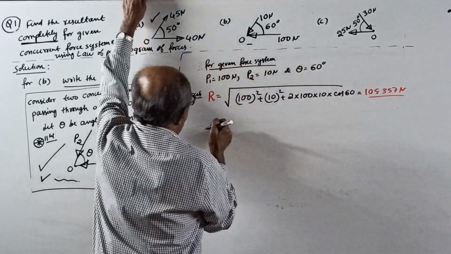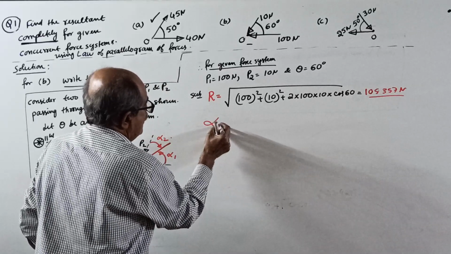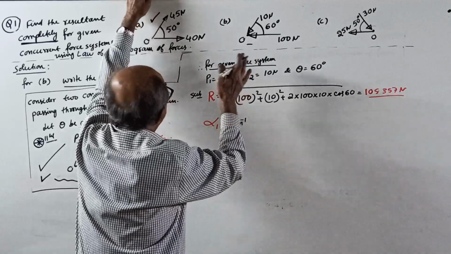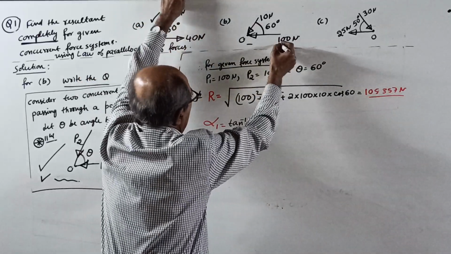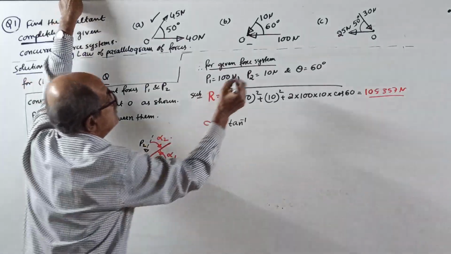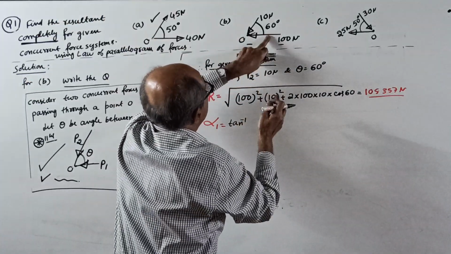Okay, now alpha 1 equal to tan inverse of. You don't see the formula. See here. Alpha 1 is the angle made by the resultant with this force. With this force. Therefore, put the finger here.